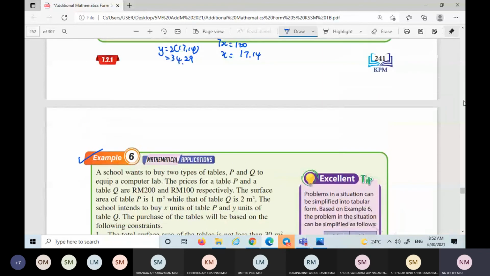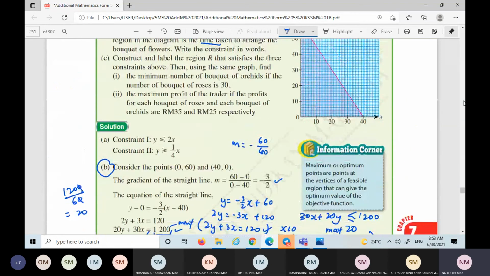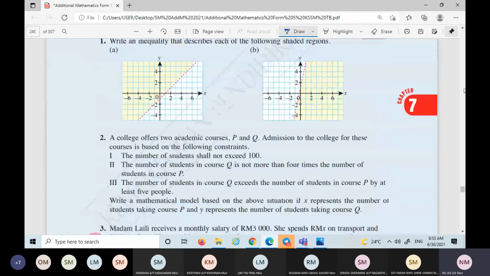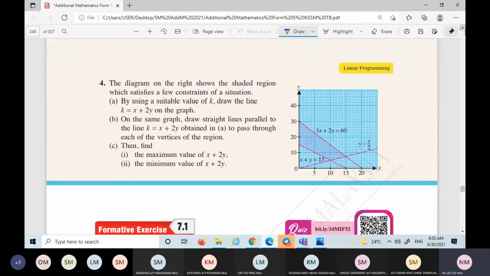Anything that you still have doubt, we will discuss next lesson. When you do it, I think you will be clearer on which part you don't know. So next lesson you tell me which part I need to repeat so that you can settle your homework.